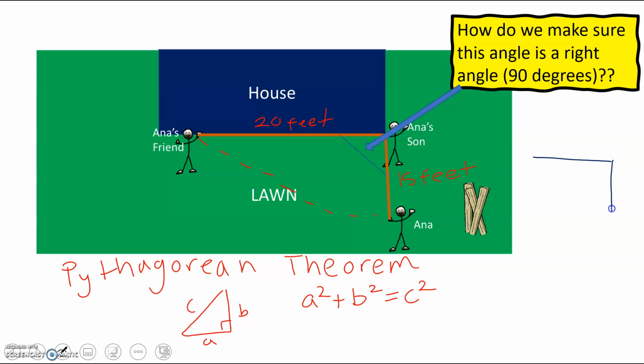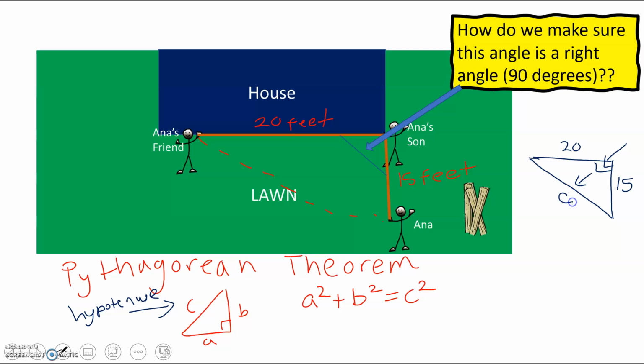In Anna's triangle, we want a right angle here. We know that the sides are 20 and 15, and the only side we don't know is that longest side, the hypotenuse, the side that is across from the right angle.